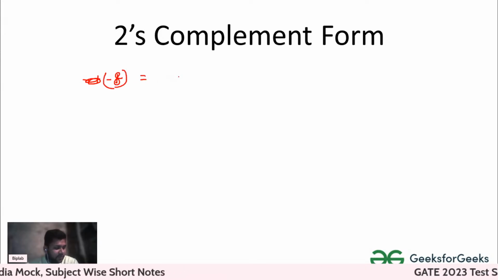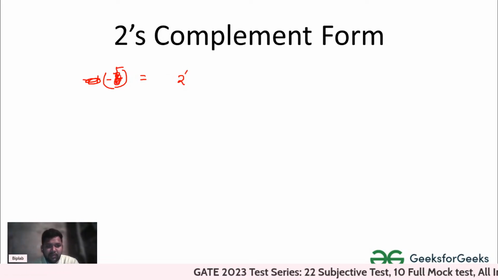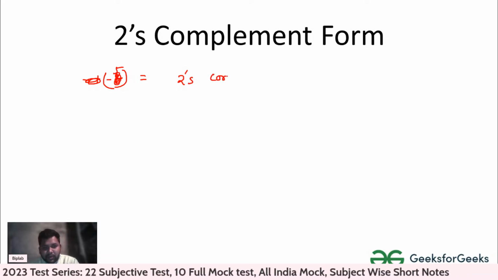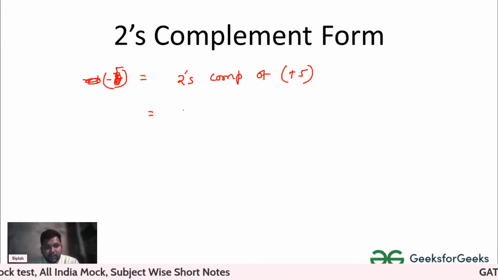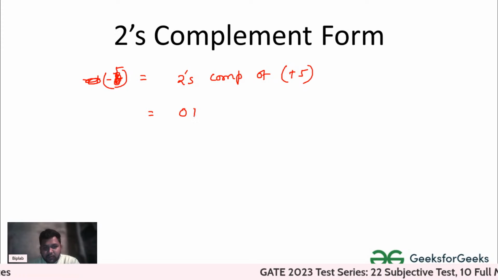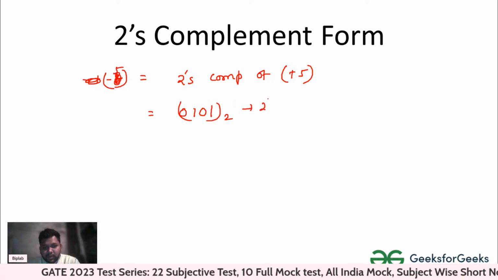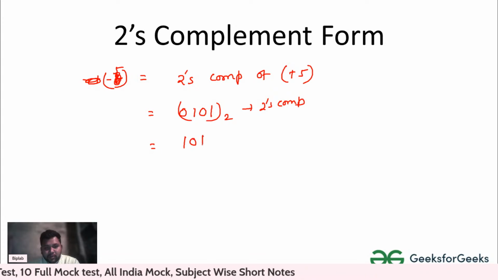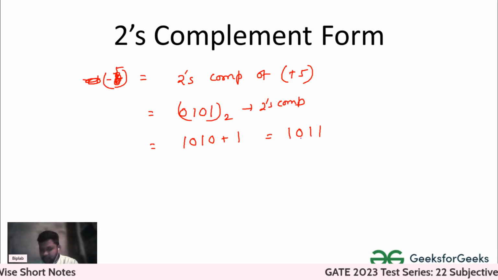You have the negative sign, so first you take the two's complement of plus 5, which is 0101. Take the two's complement of this: 1010 plus 1, which equals 1011.